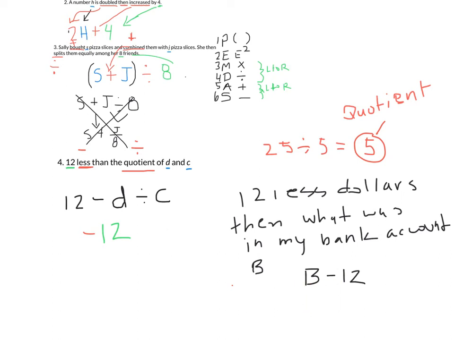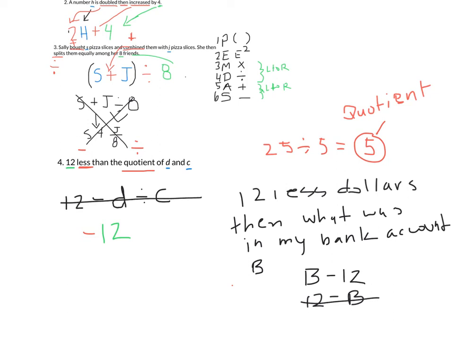I am not going to be subtracting my bank account from 12. That doesn't make any sense. I wouldn't take my whole bank account away from $12. In fact, I'm actually taking $12 out of my bank. So that is wrong, which makes this one wrong.